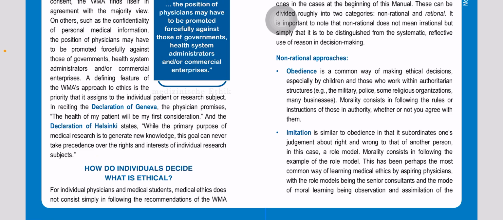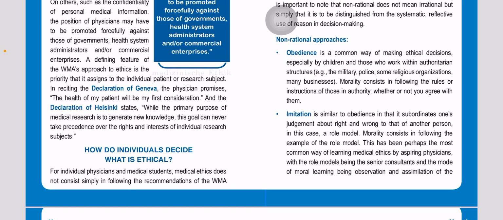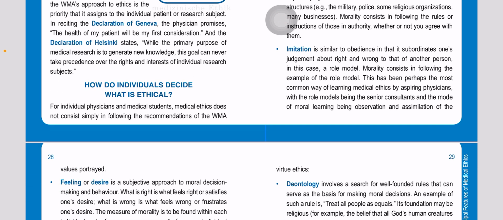You obey it. Obedience is a common way of making ethical decisions, especially by children and those who work within an authoritarian structure. Next, imitation is similar to obedience in that it subordinates one's judgment about right and wrong to that of another person, in this case a role model.